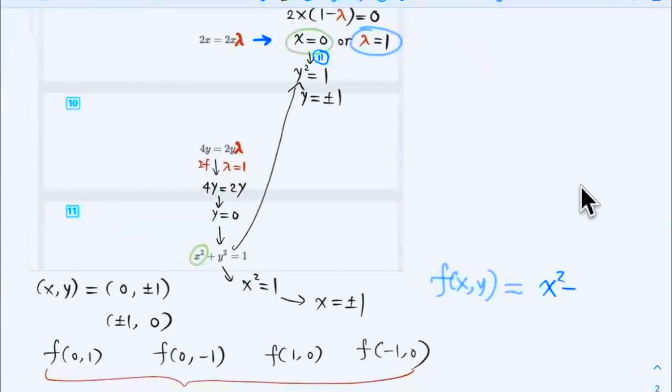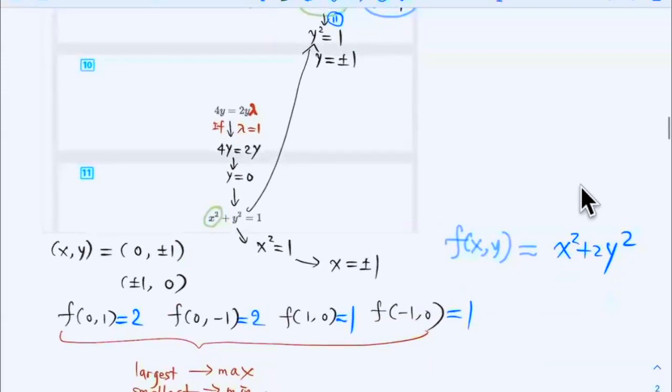So what does this equal to? So 1, that will be equal to 2, and this equal to 2, and then this one equal to 1, and this one equal to also 1, right? So what will be the maximum? The maximum over here will be 2, and the minimum will be 1.